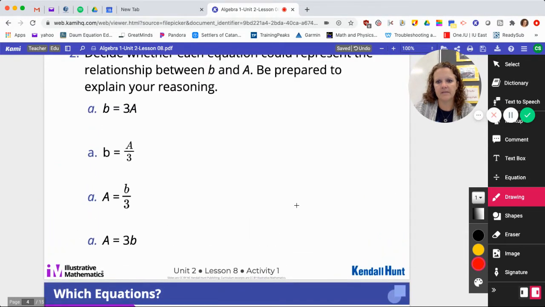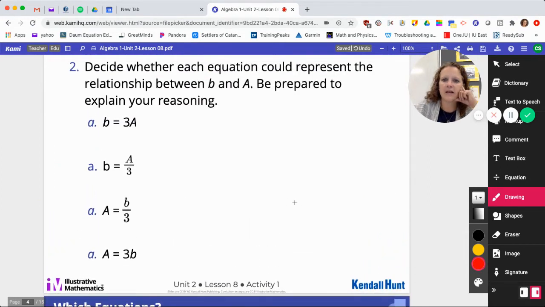All right. So let's decide whether each equation could represent the relationship between B and A. Be prepared to explain your reasoning. We had A equals base times height, and we knew that height was 3 for all of them.